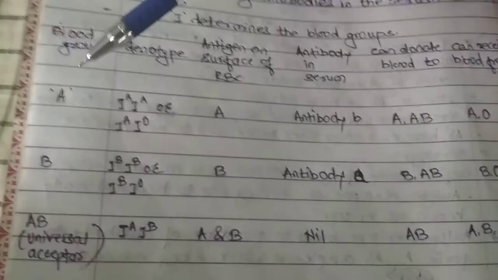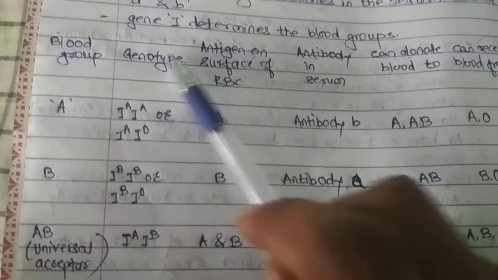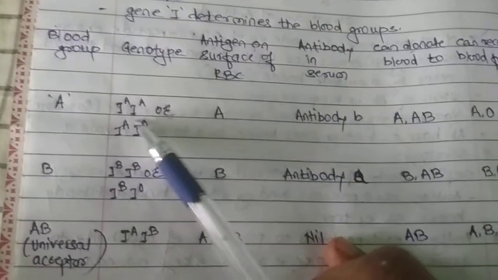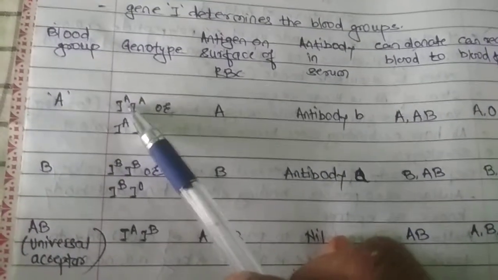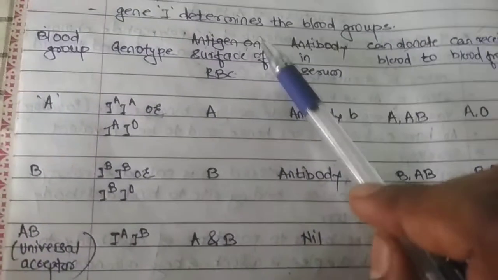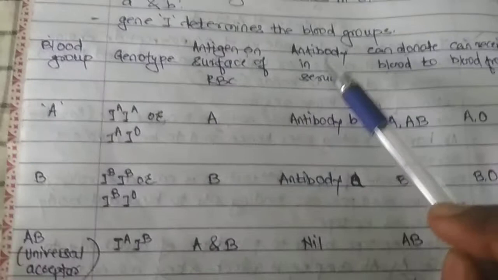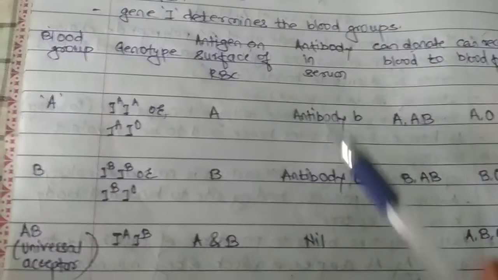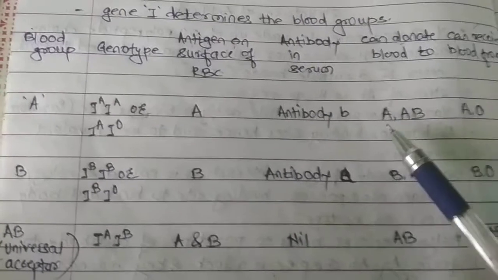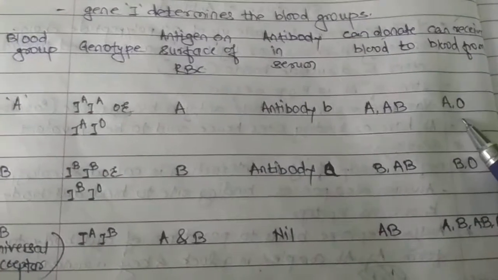First, the blood group A. The corresponding genotype is represented by the I gene, that is IA IA or IA I0. The antigen on the surface of RBC is capital A. The antibody in serum is small b. It can donate blood to A and AB and can receive blood from A and O.